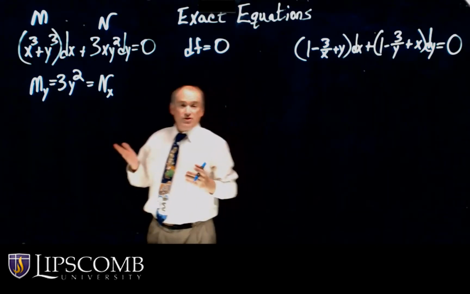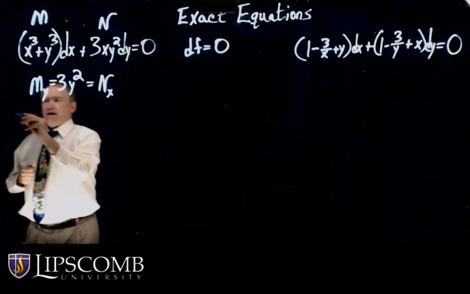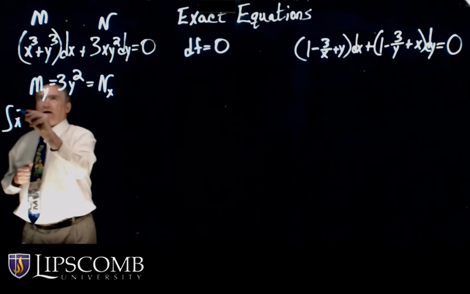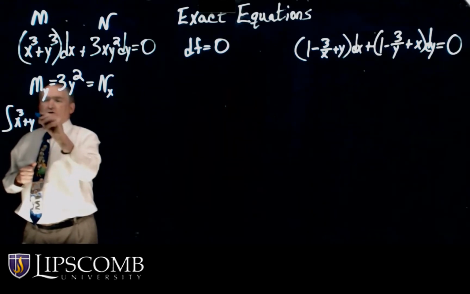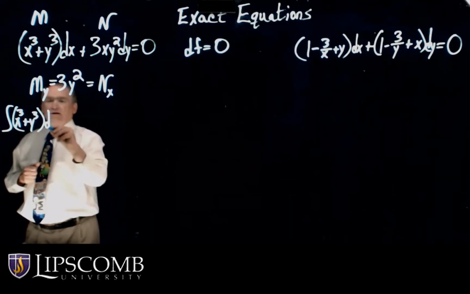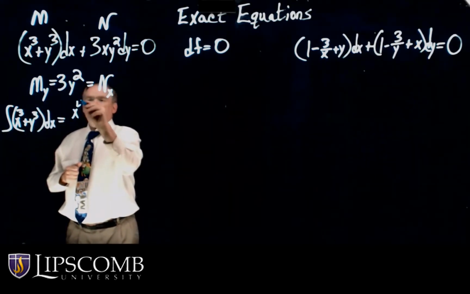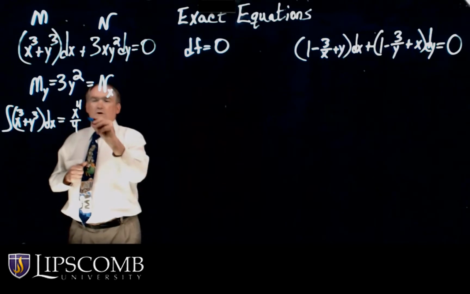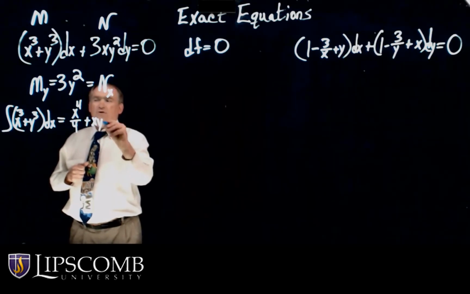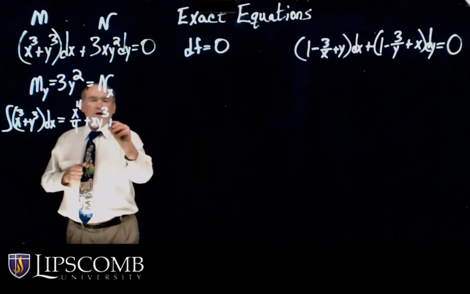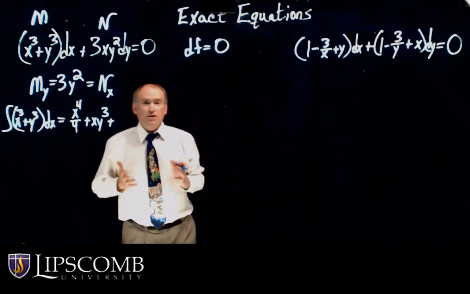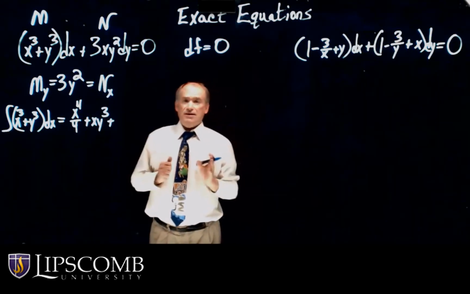Now, it does not matter which one I choose, the M or the N. I'm going to choose the M, so I'm going to integrate x cubed plus y cubed with respect to x. So I will get x to the 4th over 4 plus x times y cubed plus, now usually we write a plus c.